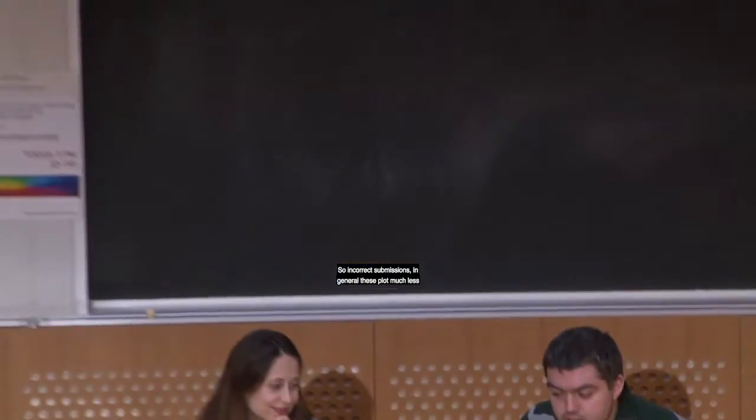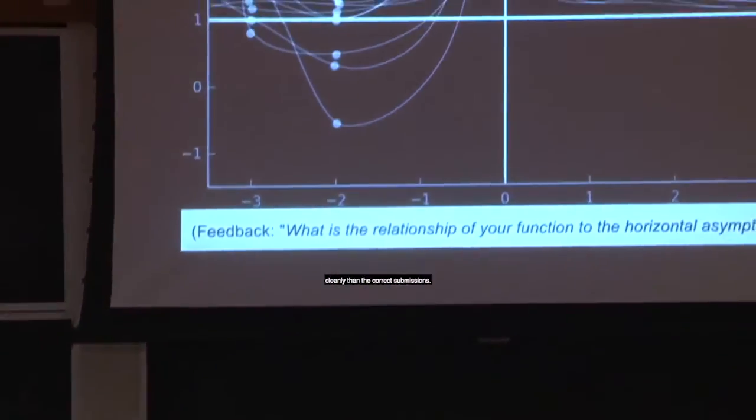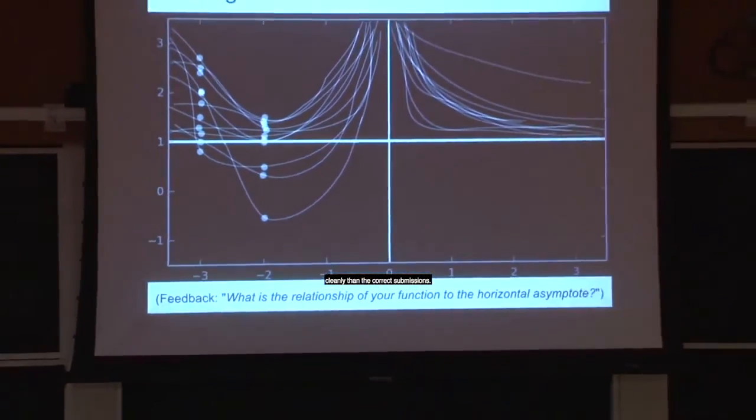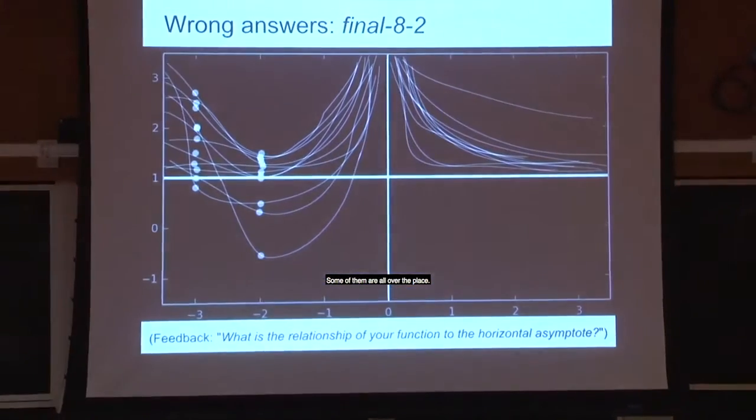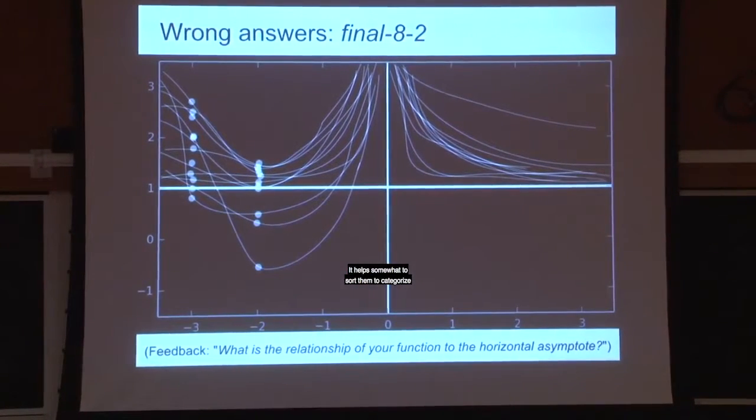So incorrect submissions. In general, these plot much less cleanly than the correct submissions. Some of them are all over the place. It helps somewhat to sort or categorize them by the feedback that we gave. So in this case, we're showing all of the incorrect submissions for one of the final problems, where we gave the feedback, what is the relationship of your function to the horizontal asymptote?